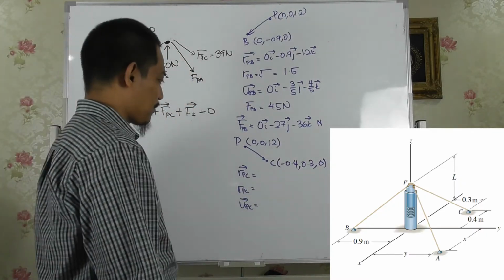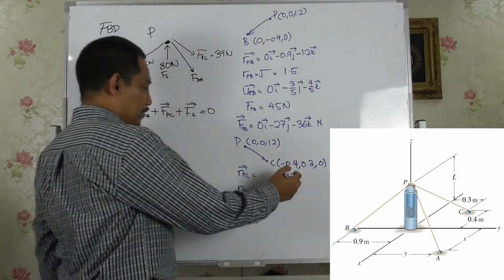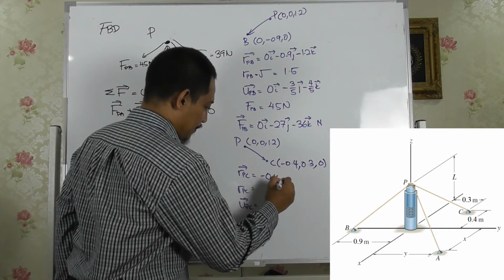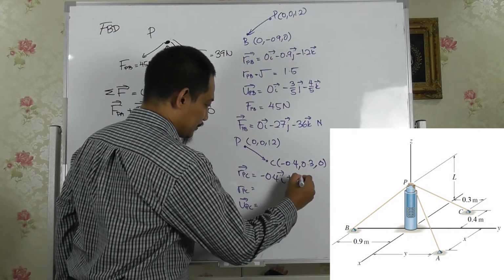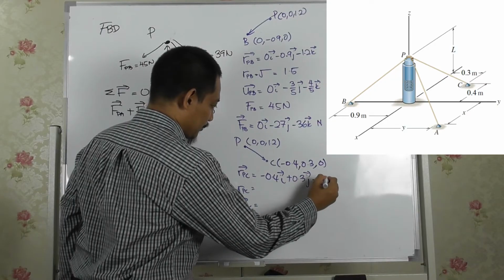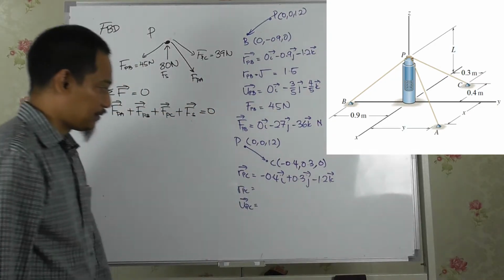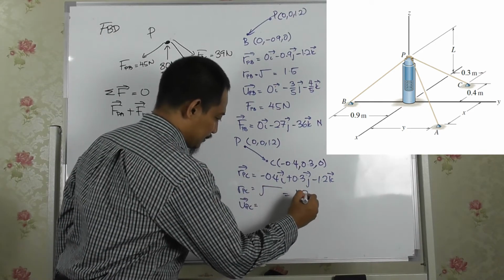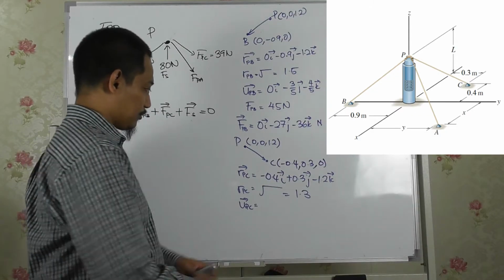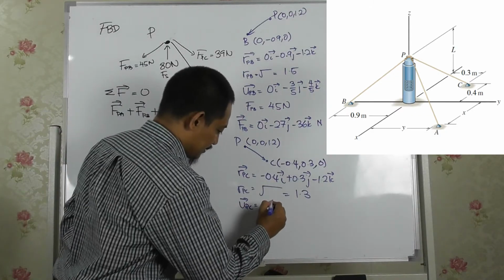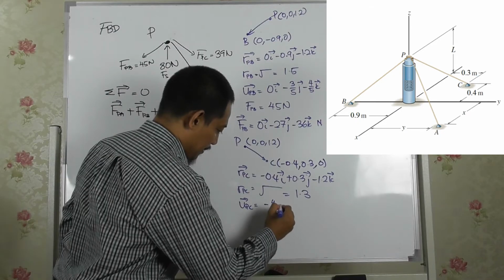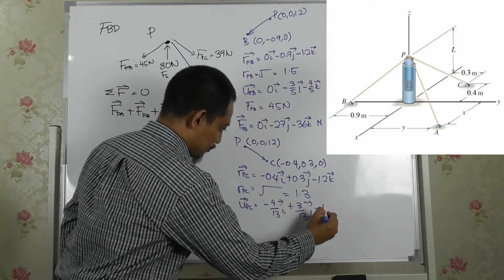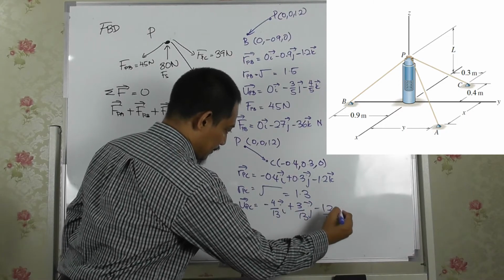So it will be negative 0.4i plus 0.3j minus 1.2k, and then you do the square root, you get 1.3. So of course you divide this, you get minus 4 over 13 i plus 3 over 13 j minus 12 over 13 k.